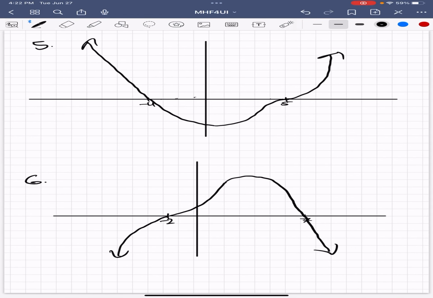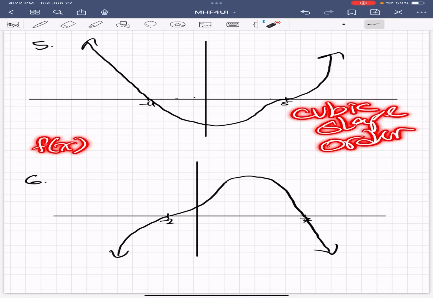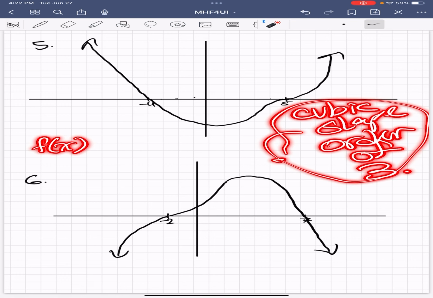As you can see here, we have a quartic function that passes through -4 and forms a cubic shape at +5. Cubic shapes mean order of 3.